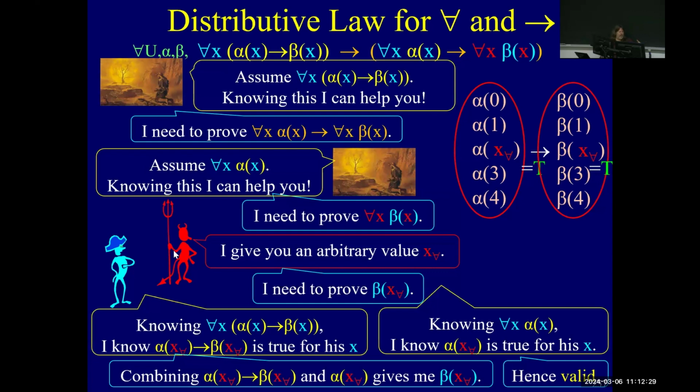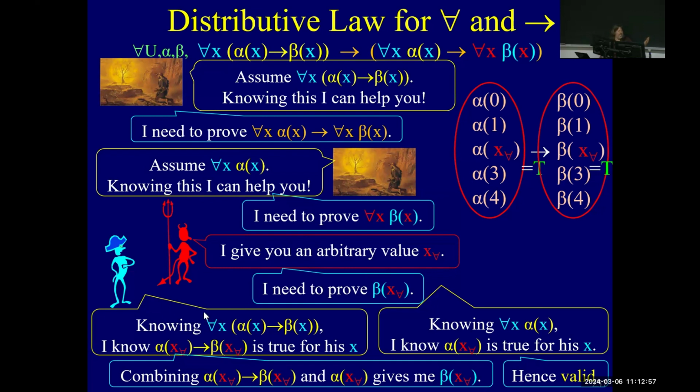It says at this line, the adversary gives me an arbitrary value. Back to the prover: what do I need the prover to do? The prover now needs to prove this. Then what do I say? Well, the oracle wants a value, so I say the prover gives this value to the oracle. What does the oracle then say?